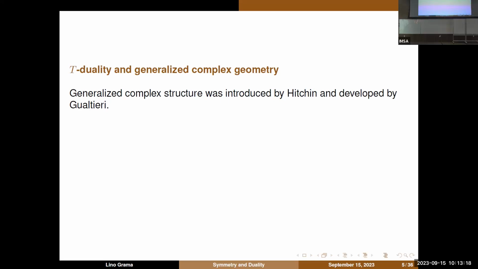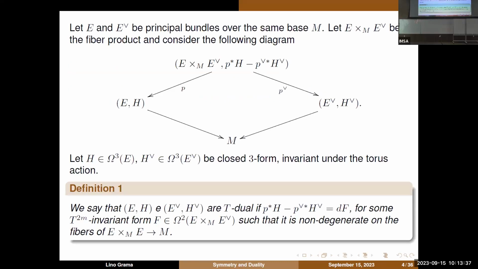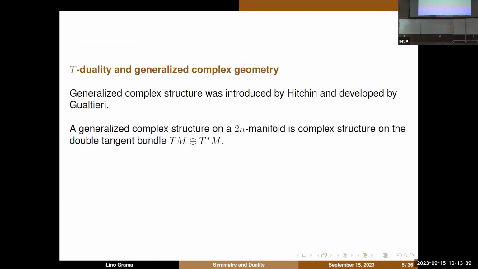There is an application between T-duality and the generalized complex geometry. This structure, generalized complex. Here I just put enough phrase. This is of course a topic, but generalized complex geometry was introduced by Hitchin and developed by his student Marco Gualtieri. Now a generalized complex structure on an even dimensional manifold is a complex structure on the double tangent bundle.